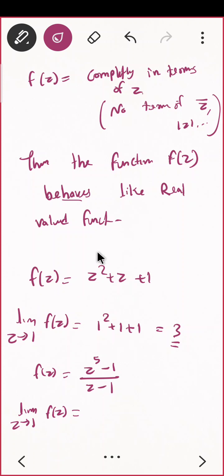What is my f dash of z for this? z square is same as x square, so the answer will be 2z plus 1. Do you agree? And if you take another derivative, f double dash of z, it will give you 2. Same thing, everything will be the same. In place of x you are just putting z.